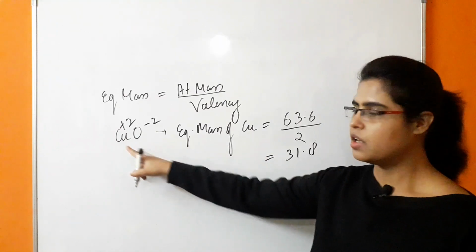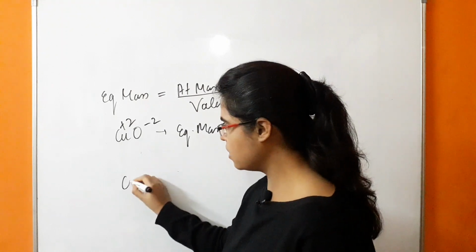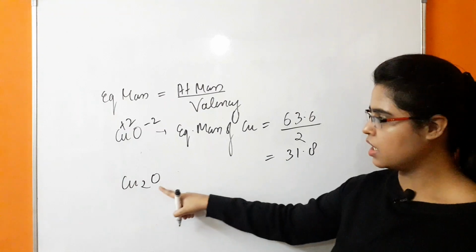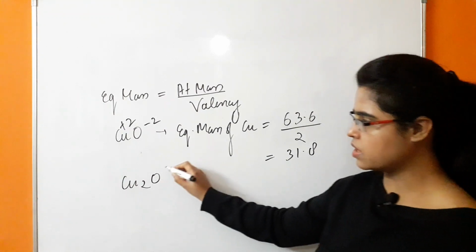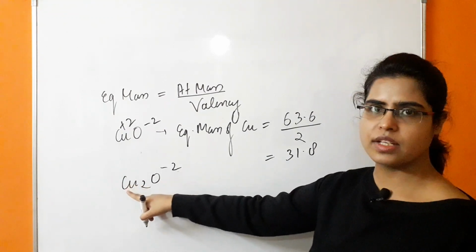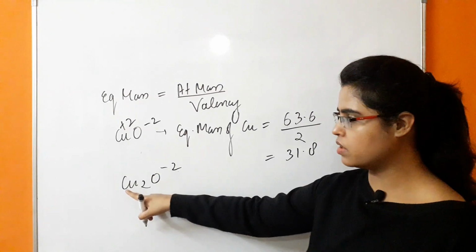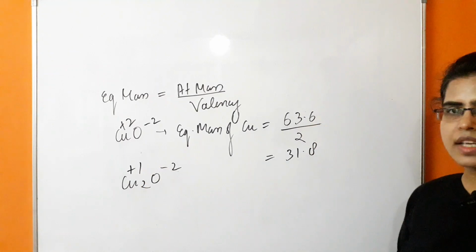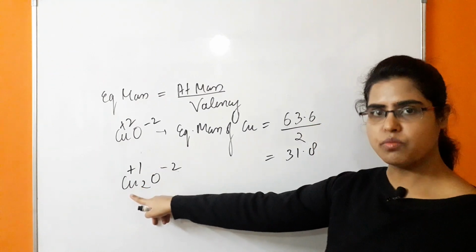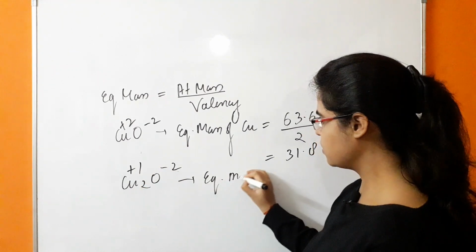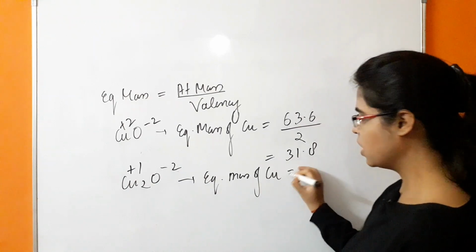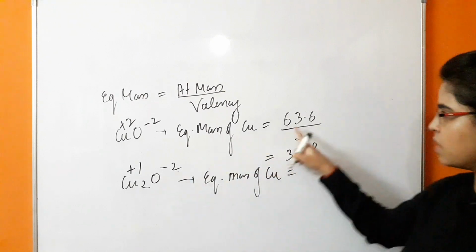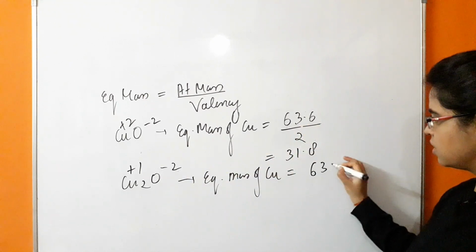Whereas if we take another oxide of copper, cuprous oxide, the oxidation state of oxygen is -2, whereas the oxidation state on a single atom of copper is +1. So in this case, the valency of copper is 1. Equivalent mass of copper in cuprous oxide: we know that copper has mass 63.6.